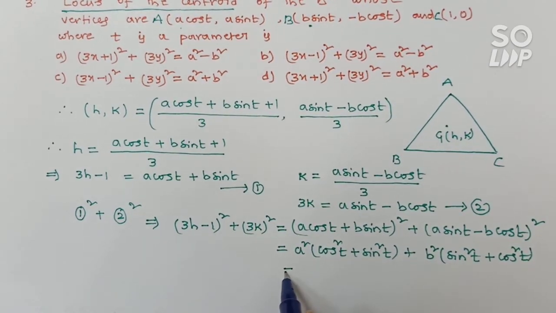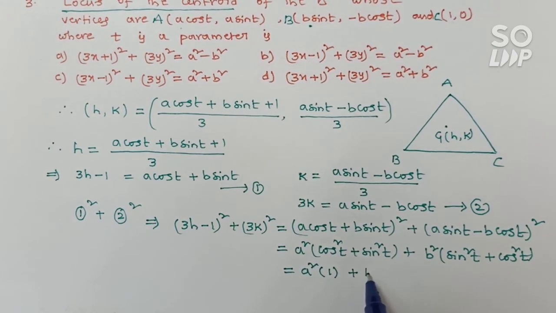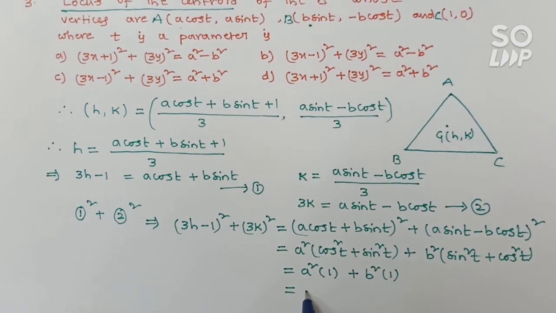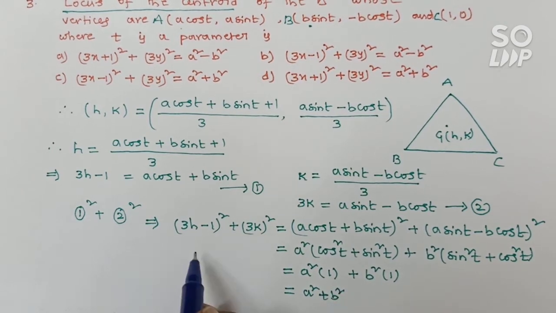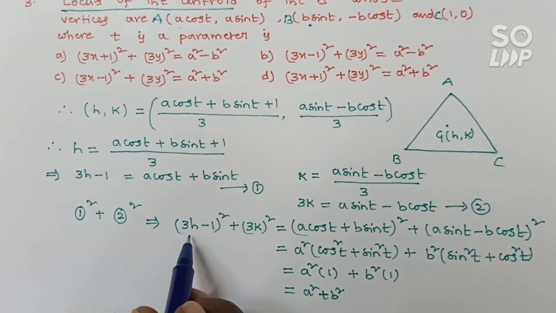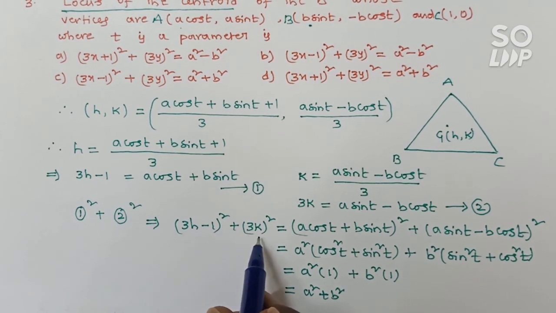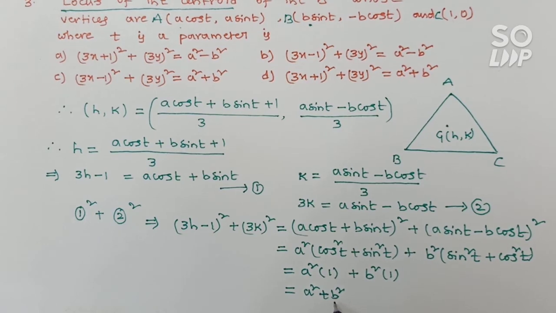So this value will be a square into 1 plus b square into 1, that is equal to a square plus b square. So 3h minus 1 whole square plus 3k whole square is equal to a square plus b square.